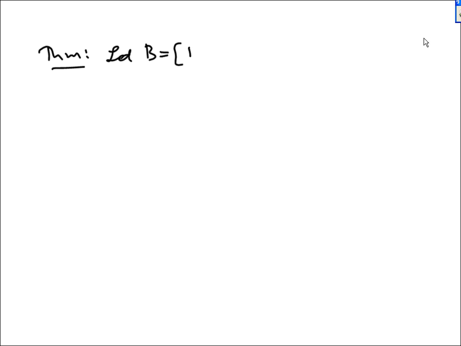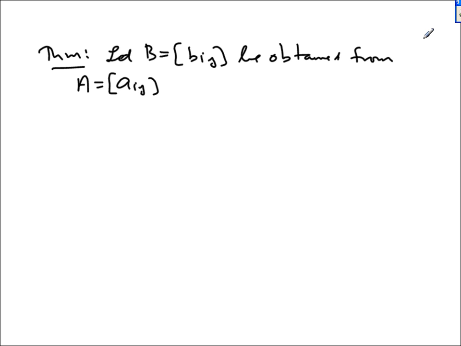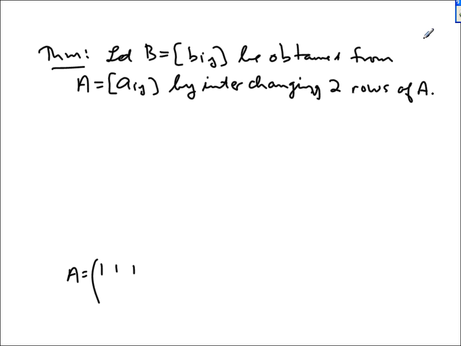Let B, which I'll denote by little b_ij, be obtained from matrix A, which I'll call a_ij, by interchanging 2 rows of A. So if A is equal to 1, 1, 1, 2, 0, 1, 3, 1, 2, then B could be 1, 1, 1, 3, 1, 2, 2, 0, 1.